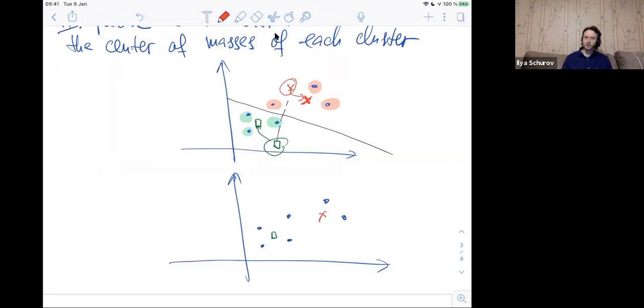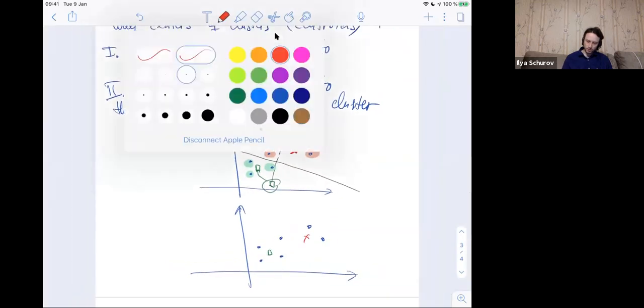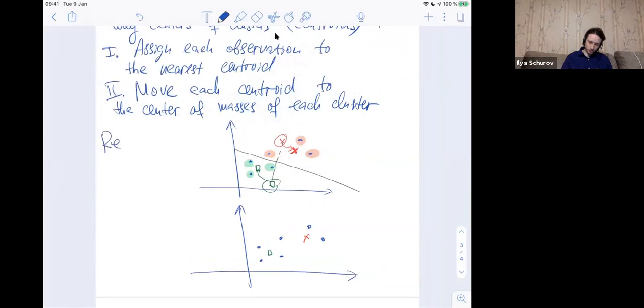What happens next? Now I have to repeat these two steps. Repeat 1 and 2 until there are no changes.